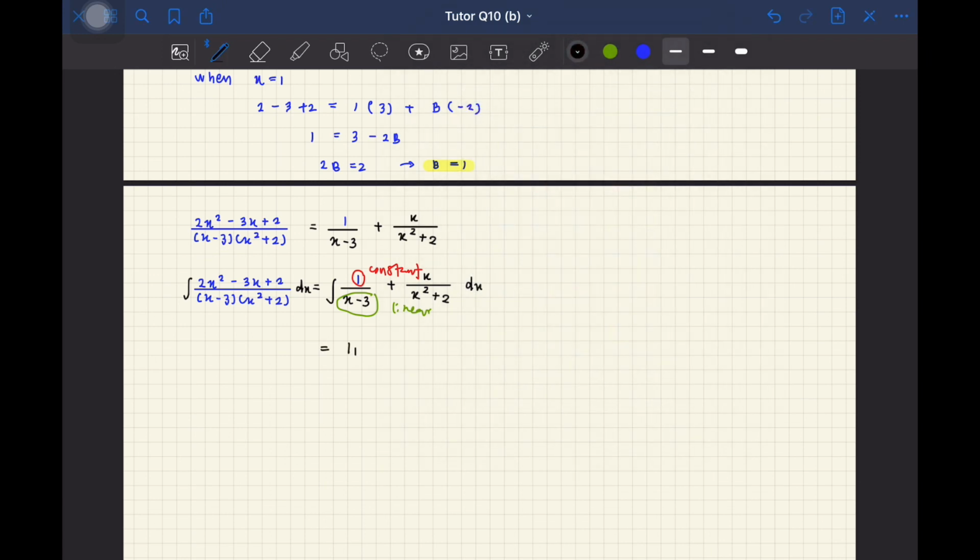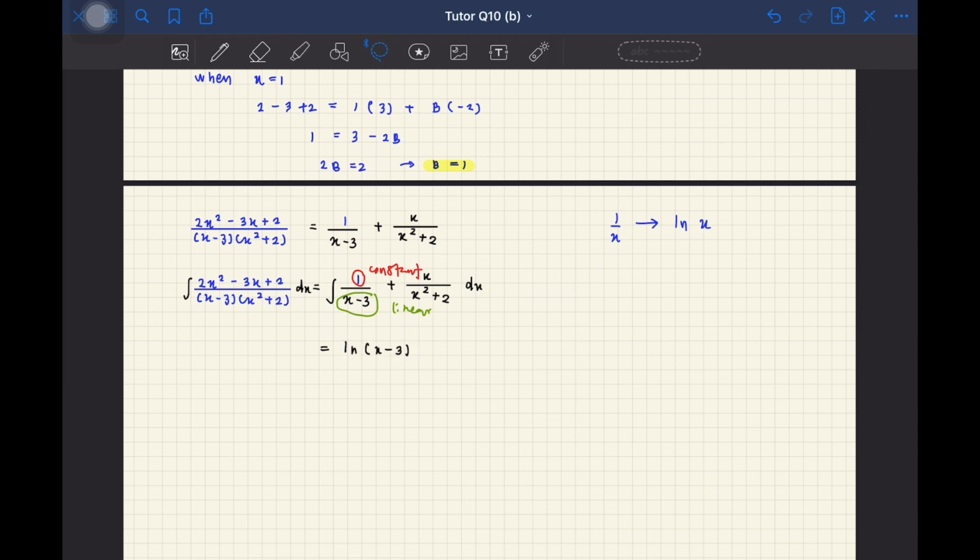So you will get ln x minus 3 like this. Because remember when you have 1 over x, usually you see it like this. So you have 1 over x, so 1 is a constant, x is a linear. So integrating 1 over x, you will directly get ln x. So it is the same concept, it's just that down here you no longer have just x, you have x plus 3, x minus 3. So here it will also change based on this one. Okay, and then that's it for the first one.